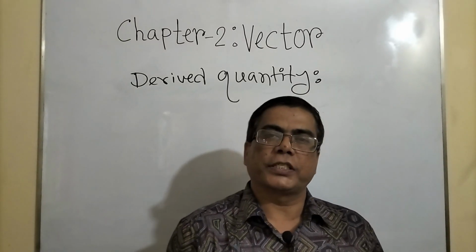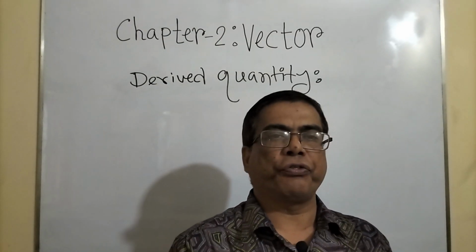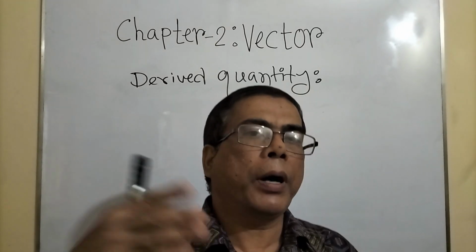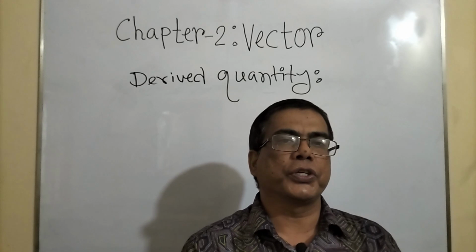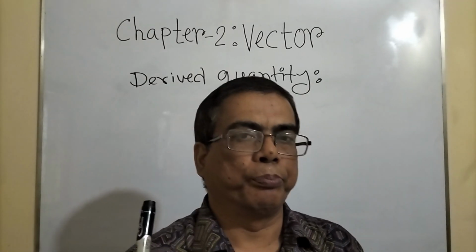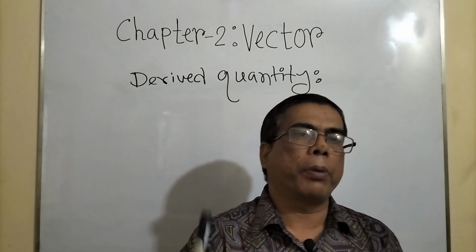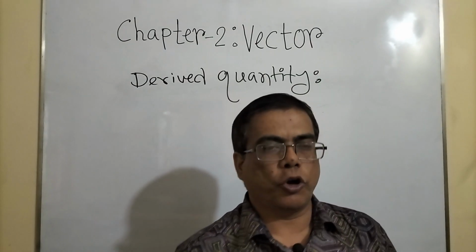Now we see what a derived quantity is. The physical quantities that are obtained from fundamental quantities, that is, the physical quantities that are derived by the multiplication of fundamental quantities, are called derived quantities.